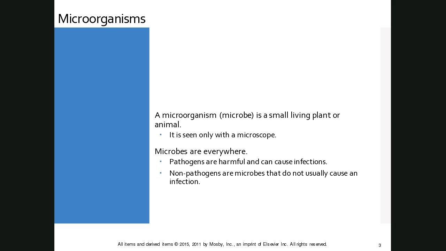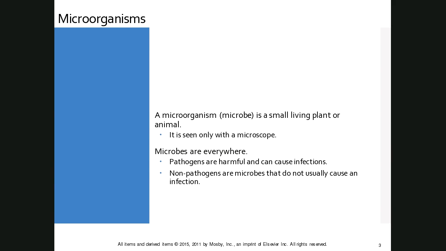A microbe is a small living plant or animal, and it can only be seen through a microscope because it's so little bitty. They are everywhere, so there is no place that doesn't have a microbe on it unless it's a sterilized piece of instrument. They can be harmful and cause infections. We normally have microbes on our skin, actually on our bodies at all times in all places, and they are not harmful to us, okay?